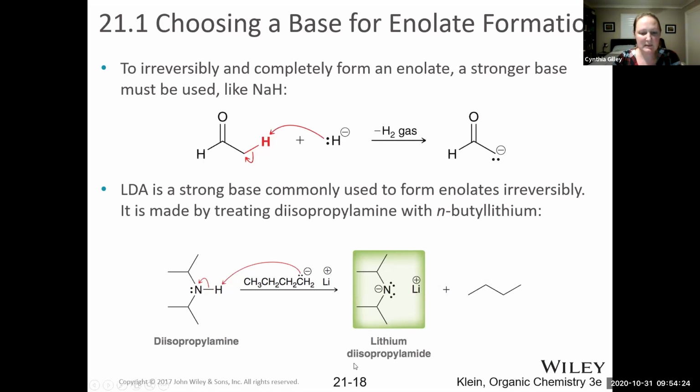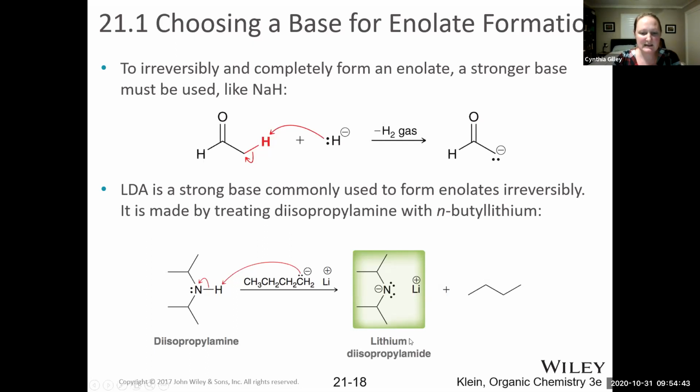LDA stands for lithium diisopropylamide, and it's formed when diisopropylamine is treated with N-butyllithium. This forms a very strong and bulky base, which is commonly used as a base in reactions.